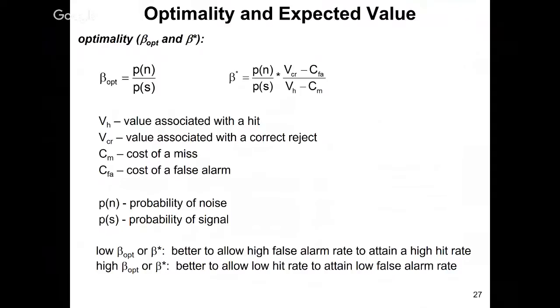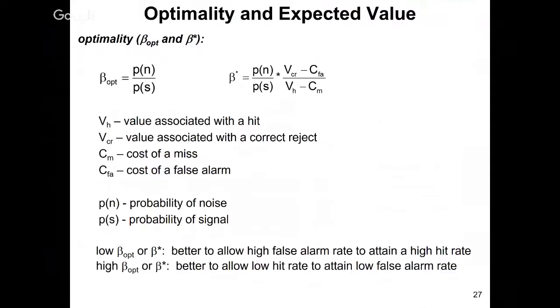So what we're doing, at least with this beta, that's not prime. I'm not sure exactly what to call it, but beta prime is what I'll call it. So with the beta prime, we're multiplying the probabilities by these values, the cost. So for example, the probability of noise times the value associated with the correct reject minus the cost of a false alarm.